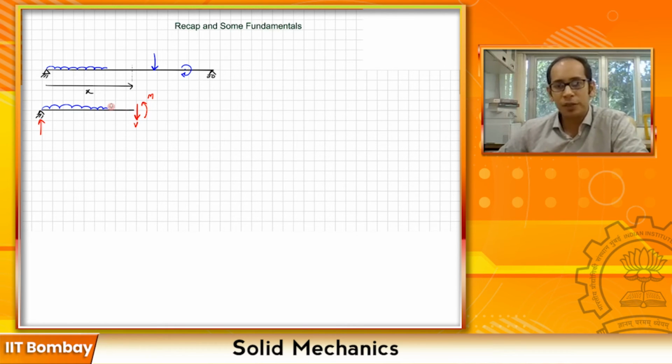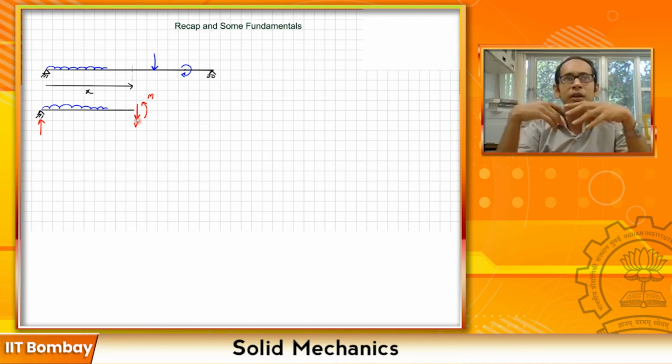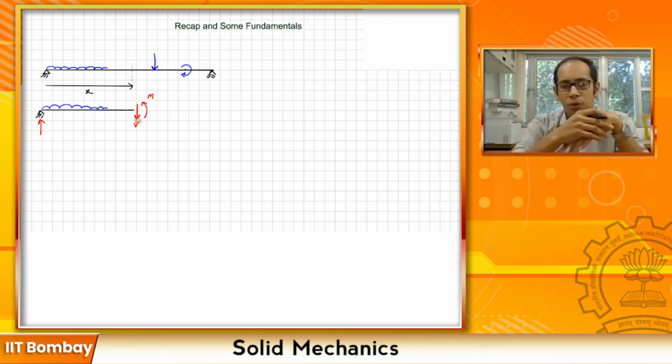Now after solving the problem, your V might come out as negative, M might come out as negative, which is fine. It just means that what you have marked, your actual shear force is working out in the opposite direction. This is exactly similar to when you have a structure with different types of load, and you don't know whether the reaction forces are going to point vertically up or down.